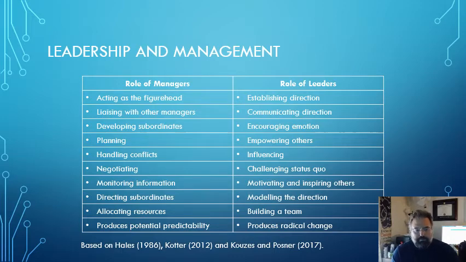And managers are about producing predictability. That's what they try to do, is to minimize chaos, minimize risk, and make it to where things are predictable and have repeatable and predictable outcomes. Whereas a leader is about radical change. They're about doing things that haven't been done before in a way that may not have been thought of.